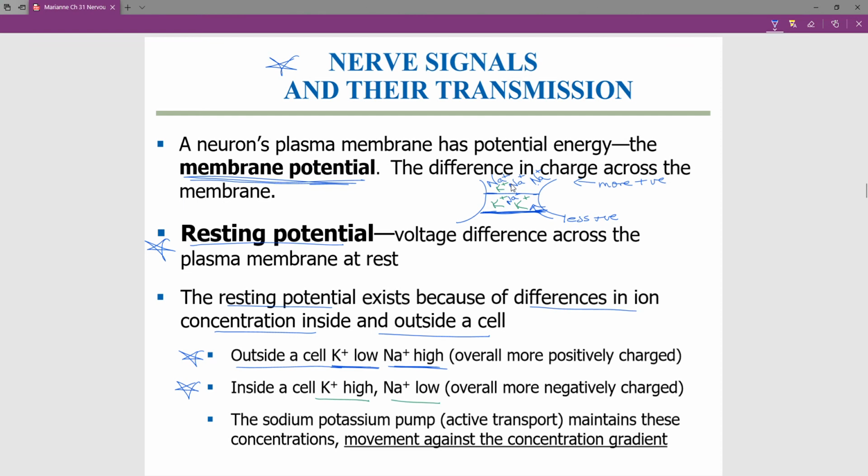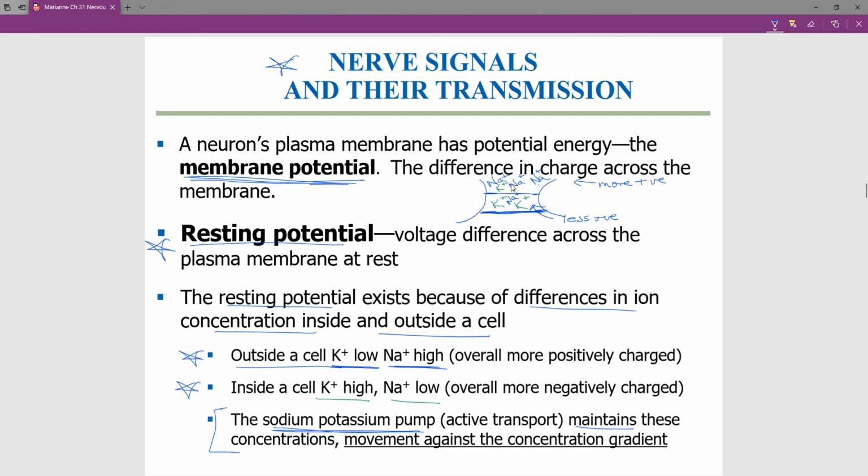How it gets like this: because there is a concentration gradient, we've talked about active transport, and an example of that was the sodium-potassium pump. It takes energy to maintain these concentration gradients. It would take energy to pump sodium from inside to outside, or to pump potassium from outside to inside.